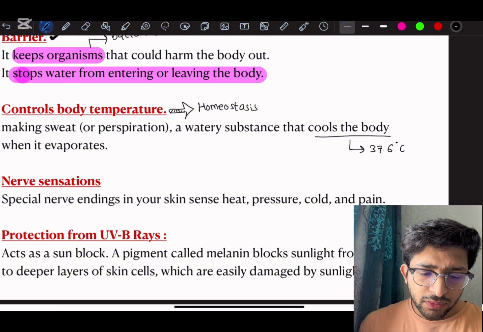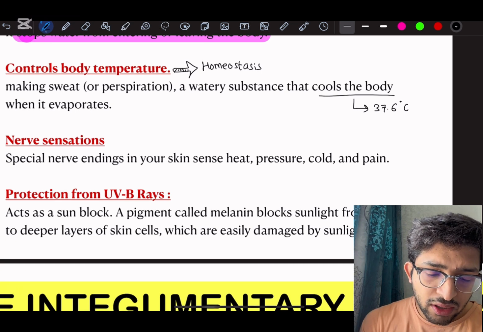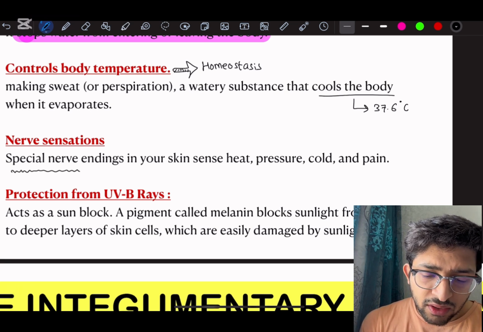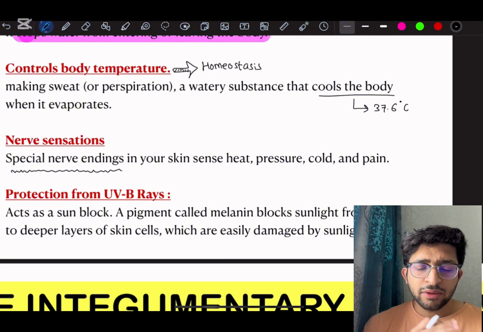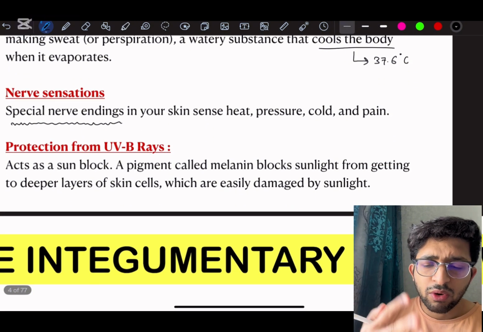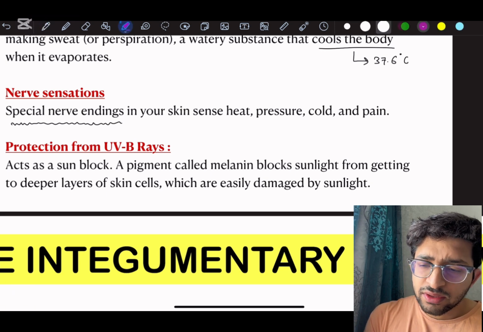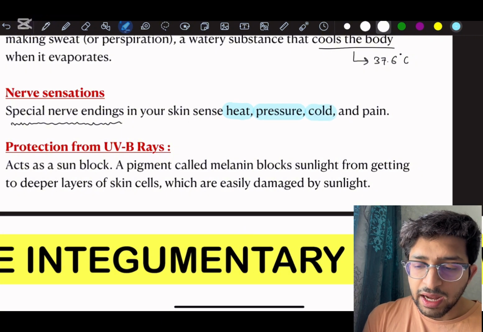The third function is nerve sensations. There are special nerve endings present in our skin, which we will learn about in the next few slides. These are the special senses: nerve sensations such as heat, pressure, cold and pain.